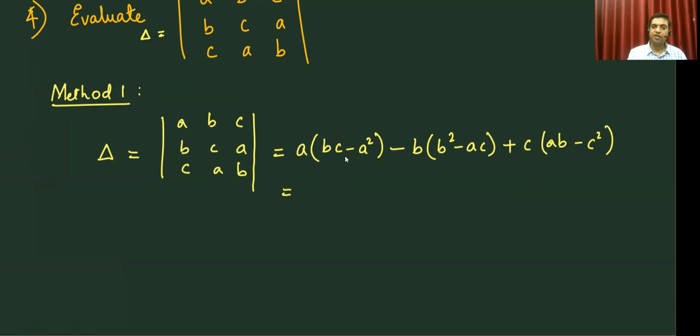So I get ABC minus A cube minus B cube plus ABC plus ABC minus C cube. So we get 3ABC. Very important result, this one. Standard result, you can remember also.